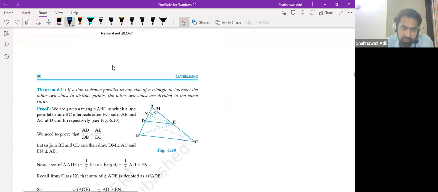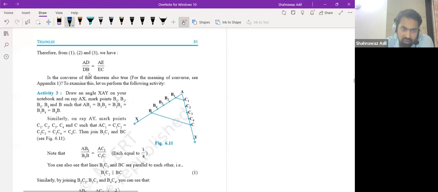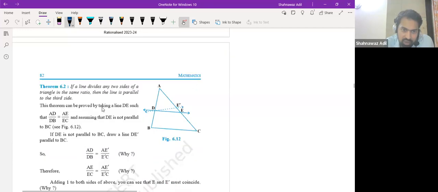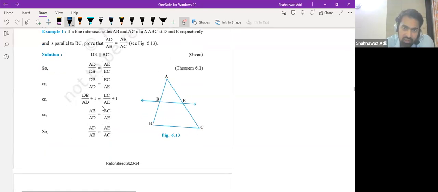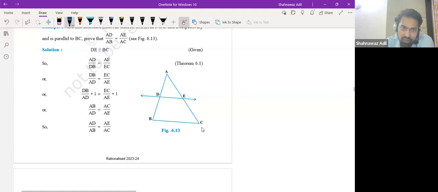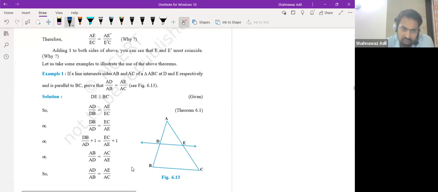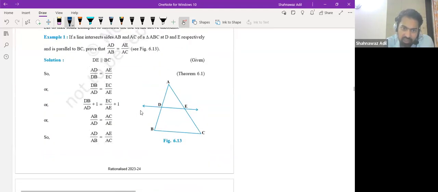Yes, they have proved this, and they also wrote AD by AB equal to AE by AC in Example 1.